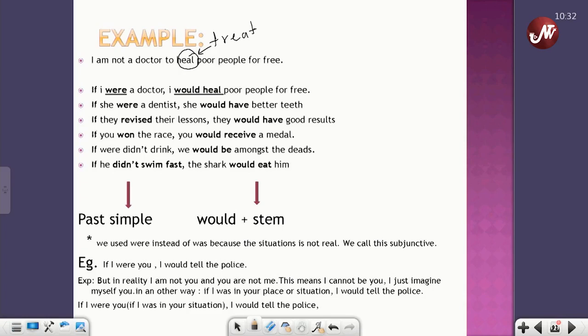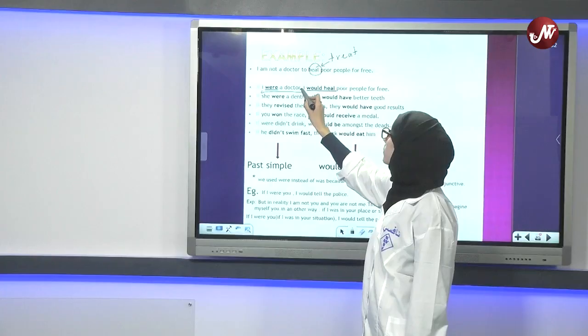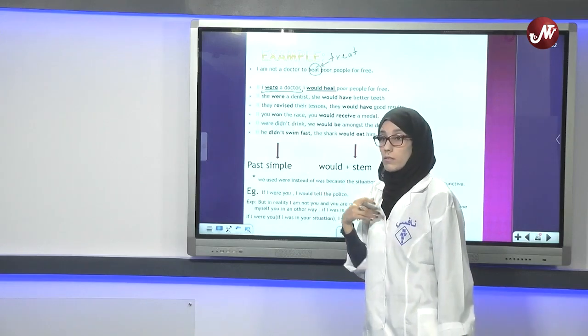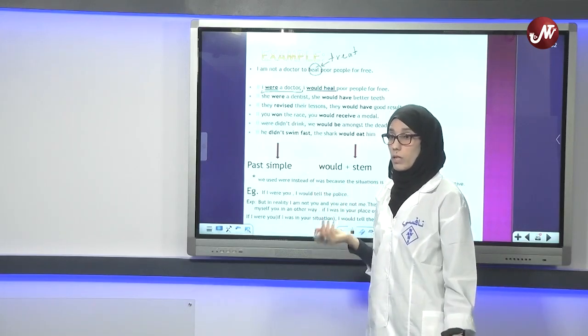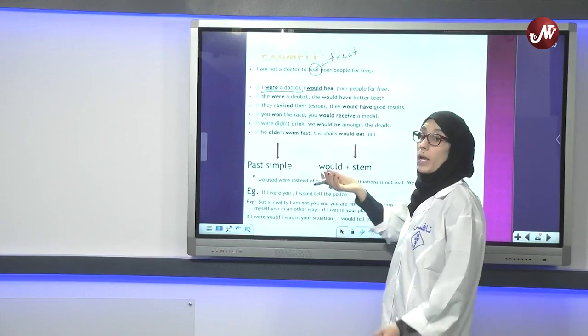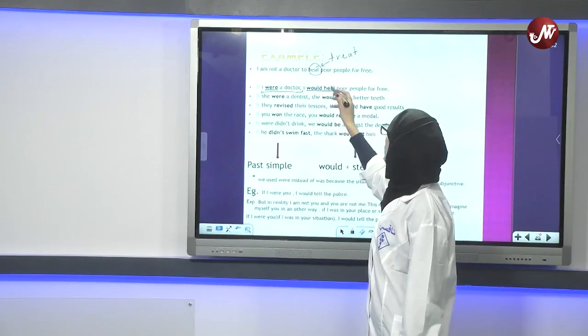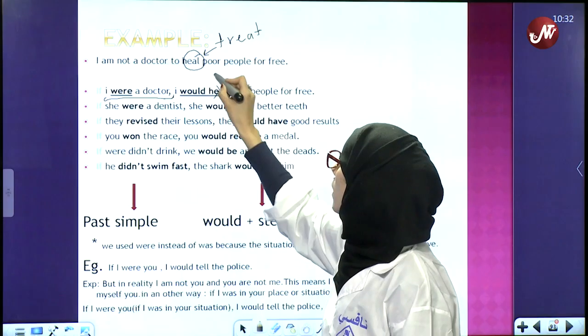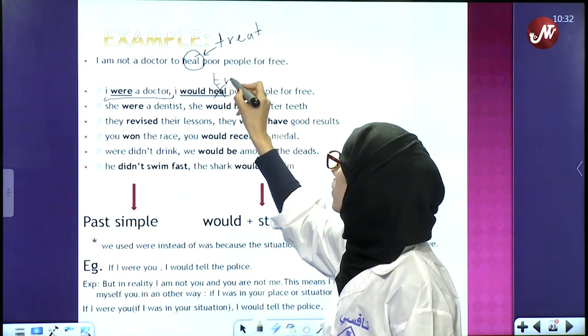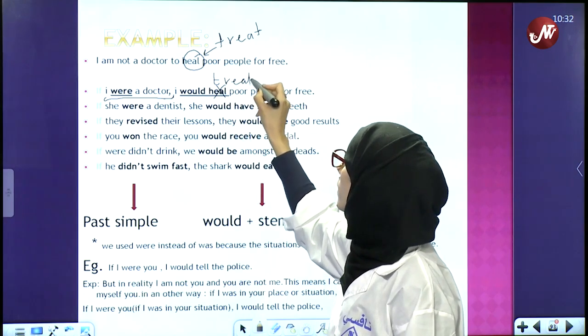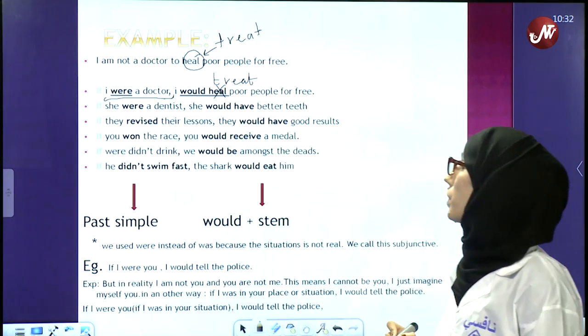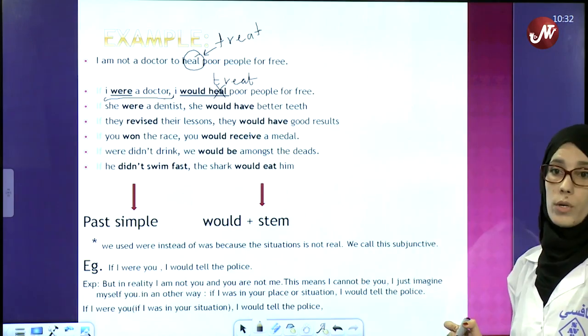So here, if I were a doctor, so now I am not a doctor, I am a teacher. So if I were a doctor, I would treat, let's correct this verb, I would treat poor people for free.